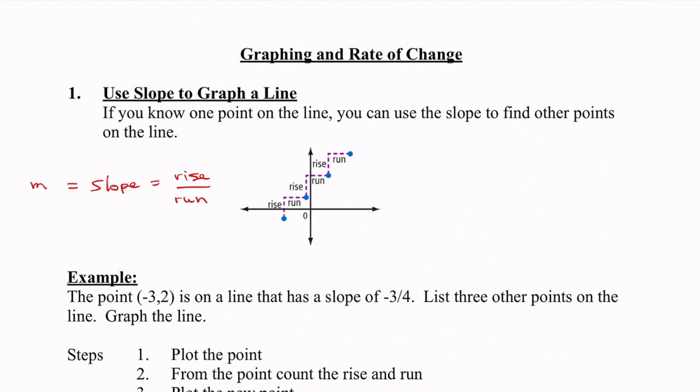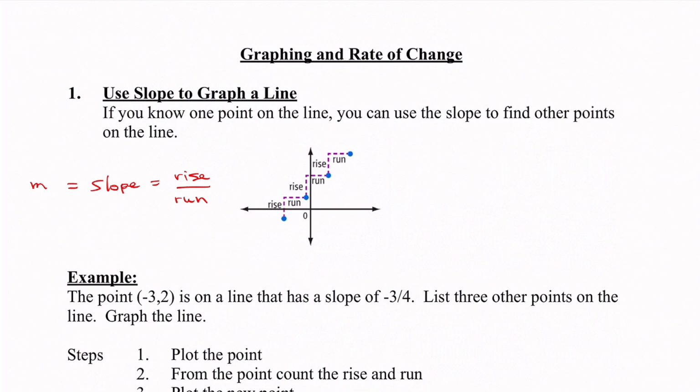If I know the slope, I can get to the next point, and then do another rise and a run, get to the next point, and you could just keep continuing this process. If you wanted to go backwards, you'd have to run the other way, and then rather than rise, you fall. So you could do it that way too.